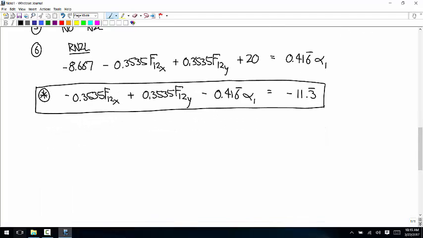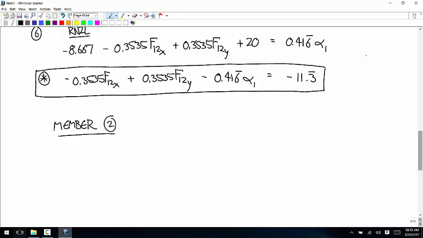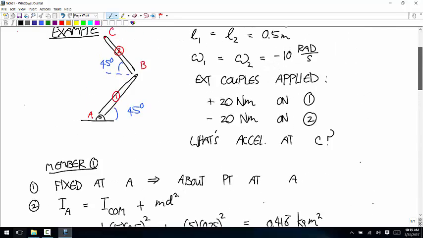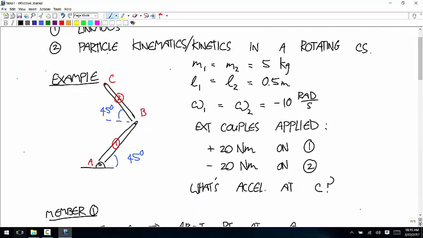Okay, so that's the first body. We have one useful equation. And now we go to number 2. So step 1, does member 2 have a fixed point? Nope.